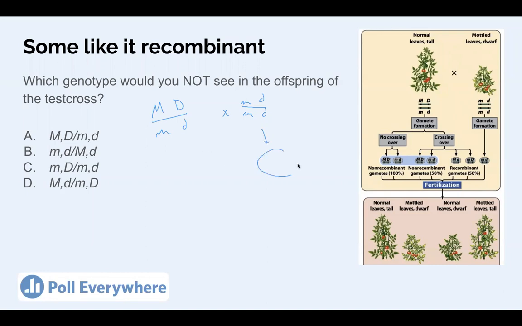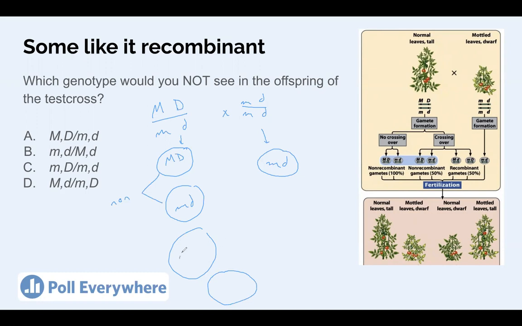This individual can make only one kind of gamete. This individual, depending on the nature of the crossing over, can make gametes of all different kinds. You can have big M with big D or little m with little d. Those are non-recombinant.